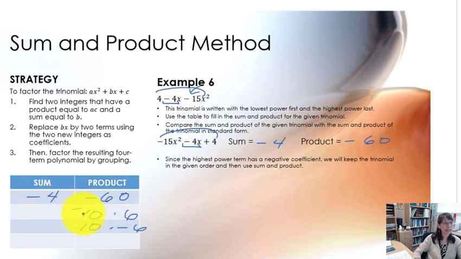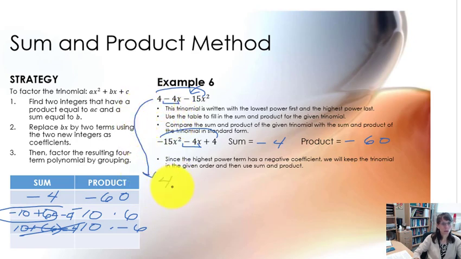If we combine negative 10 plus 6, then that will equal negative 4. So that checks out. In the other situation, we have 10 added to negative 6, and that would make positive 4. So we don't want that one. Negative 10 and positive 6 are the factors we need to replace our middle term.